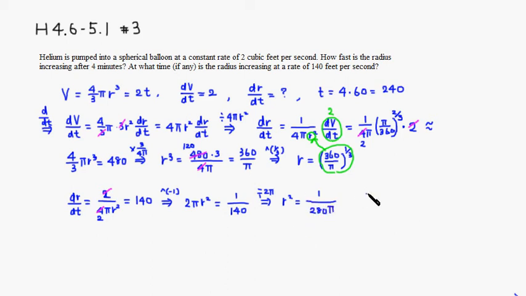right? Then r is going to be, we're going to just take the square root of both sides. Maybe actually I'm going to write it as raised to the 1/2 power, right? So r is going to be equal to 1 over 280 pi raised to the 1/2 power, right?